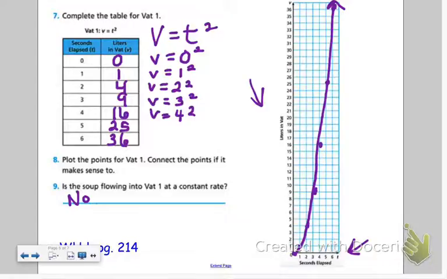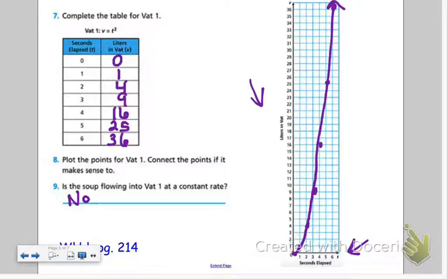The reason you can tell that it's not flowing at a constant rate is because when you graph it, you are not seeing a straight line. Also, look at the table. You're not increasing by the same number each time. I'm going to just erase this real quick. Here you're going up by 1, and now you're going up by 3, and now you're going up by 5, and now do you see how each time you're not increasing by the same amount?